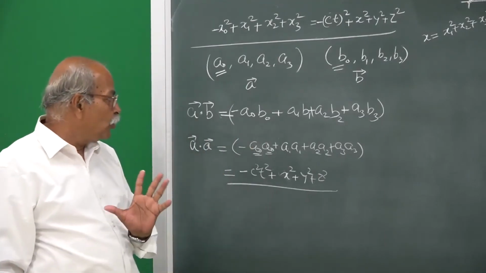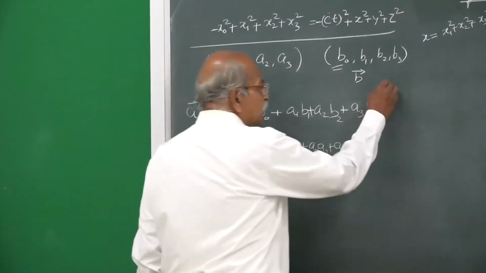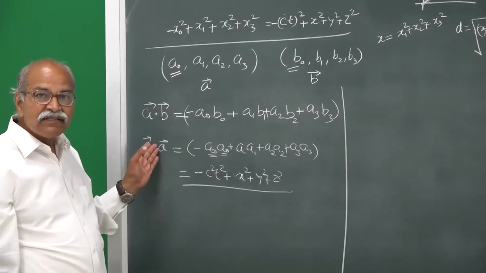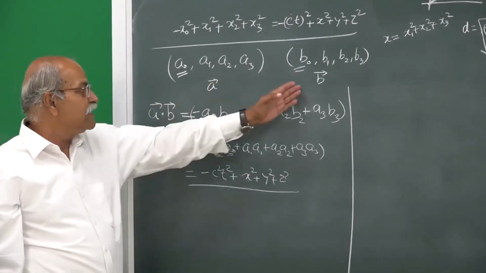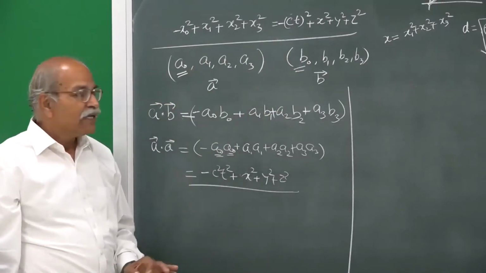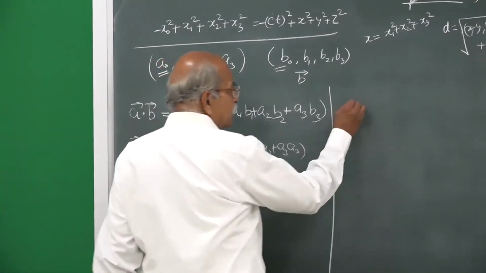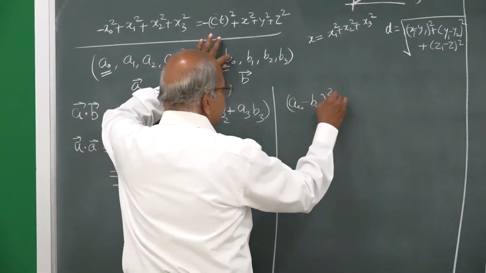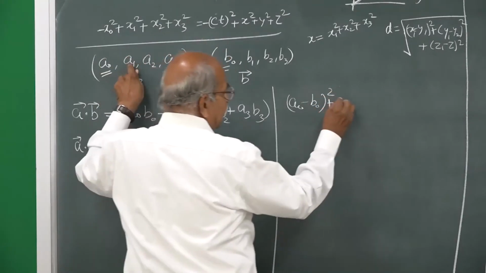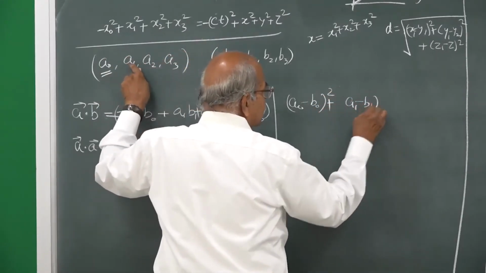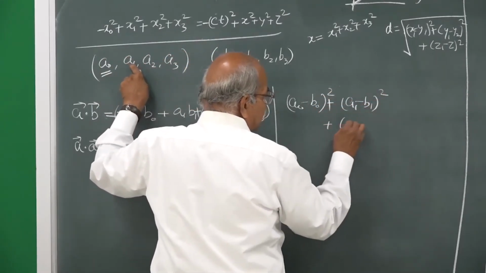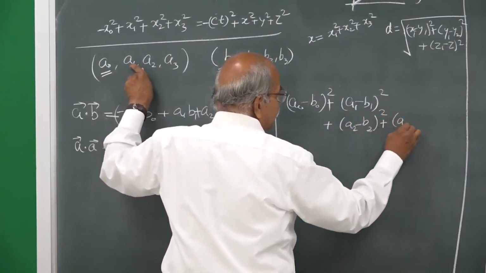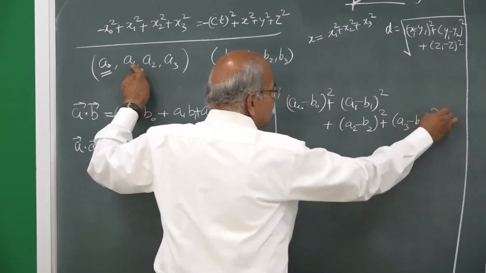And then if you have 2 vectors A and B, 2 events A and B, the corresponding vectors are A and B, these are 2 different events, and then you construct this quantity: A0 minus B0 square plus A1 minus B1 square plus A2 minus B2 square plus A3 minus B3 square.